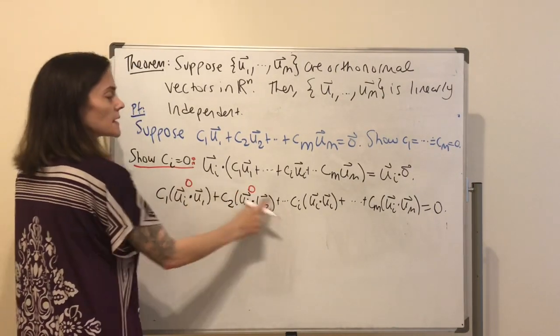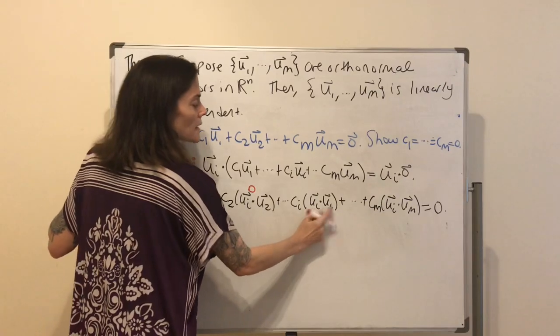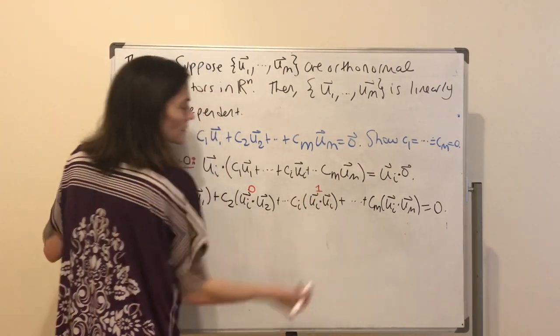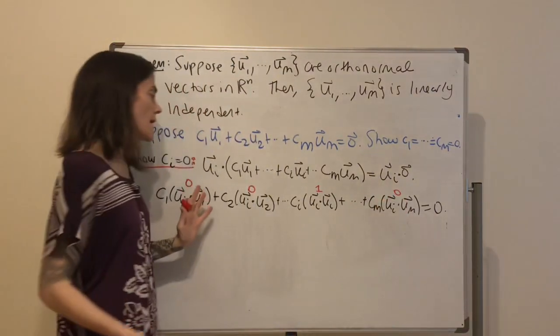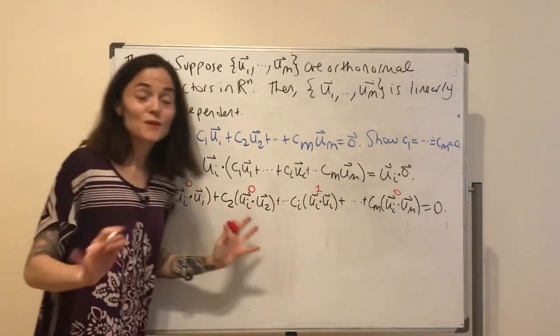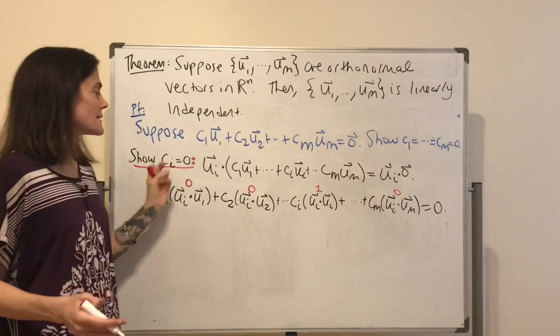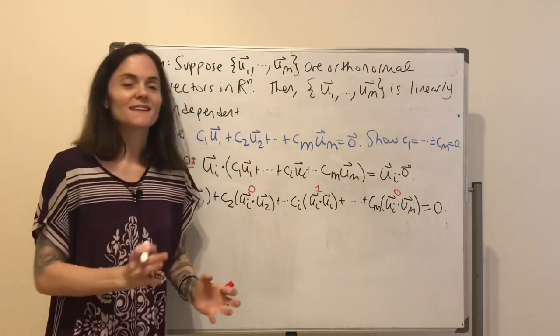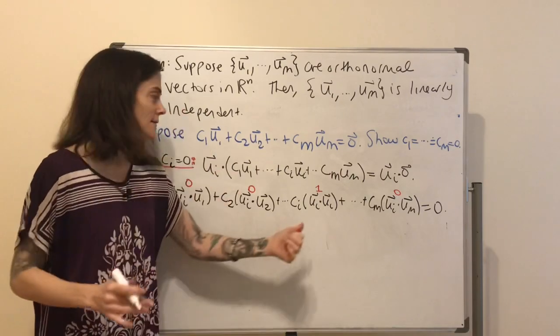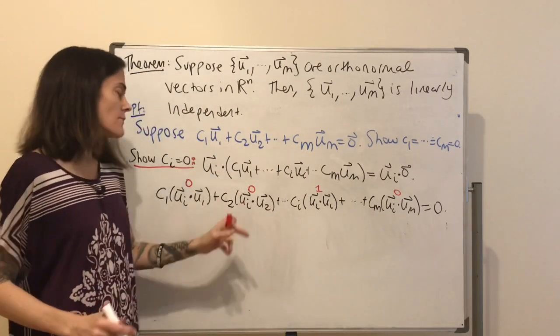And then here, ui dot ui is 1. All the way out to ui dot um, 0. So you see, these are orthonormal, which means whatever i is, when I dot ui with any other of these vectors besides ui, I get 0.